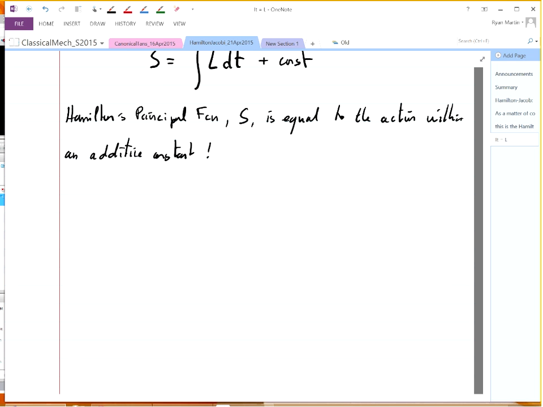So now let's consider a special case. So consider the case where the Hamiltonian is constant.